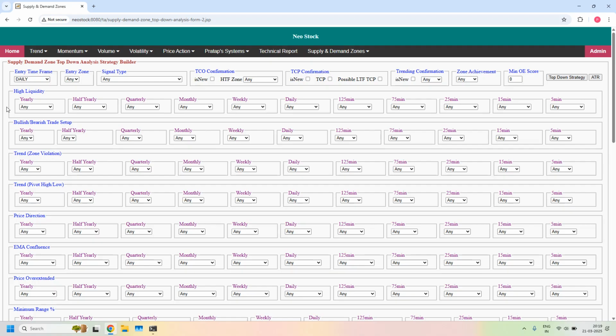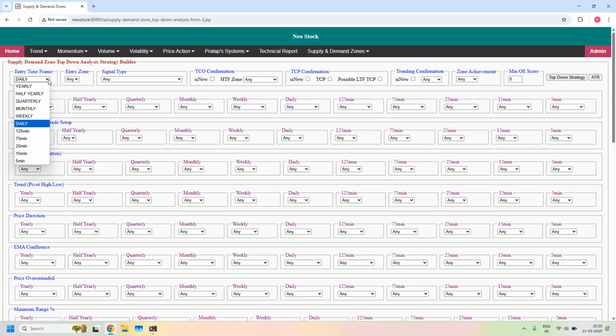During this process, we will also identify daily and 75 minutes high liquidity zones. After that, we will identify bullish and bearish trade setups for monthly, weekly, daily and hourly income trades. Even before that, we will generate NIFTY, BANKNIFTY, supply demand zone chain. And in the last report, we will generate stop buffers based on daily ATR.